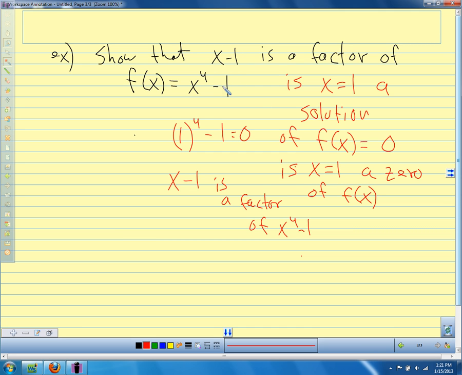Now let's talk about how we're going to use this idea with synthetic division. So this is what factor means: that my value of x is a solution. When I plug that value of x into my equation, I get f of x equals 0. So here's how we're going to use this.